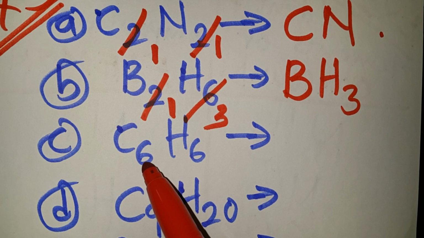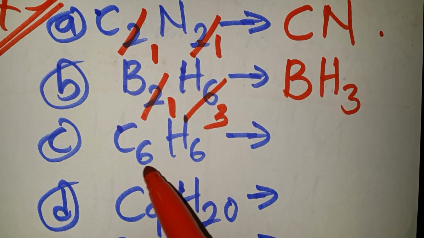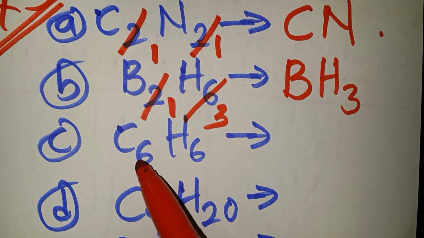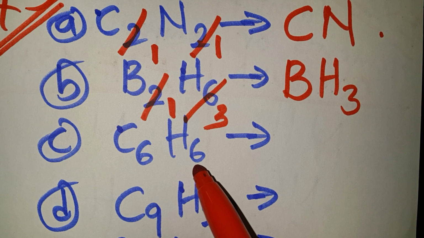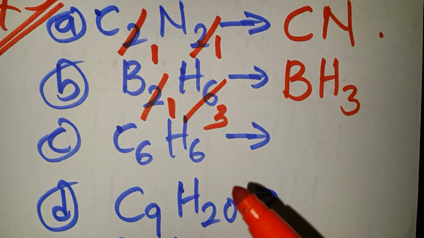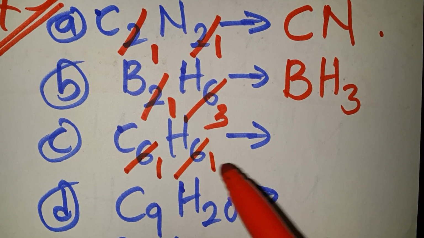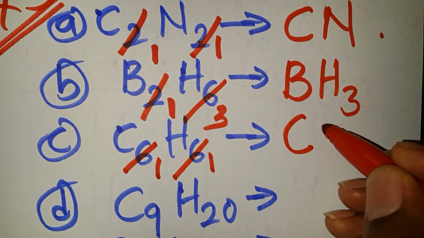Then here we can use 2. 2 can go in this, but if we use 2 here, 2 will go in 6 3 times. 2 will go in 6 again 3 times. That will be C3H3. So we will still have to use 3 again. So here 6 can go in 6 one time. So that will be CH.